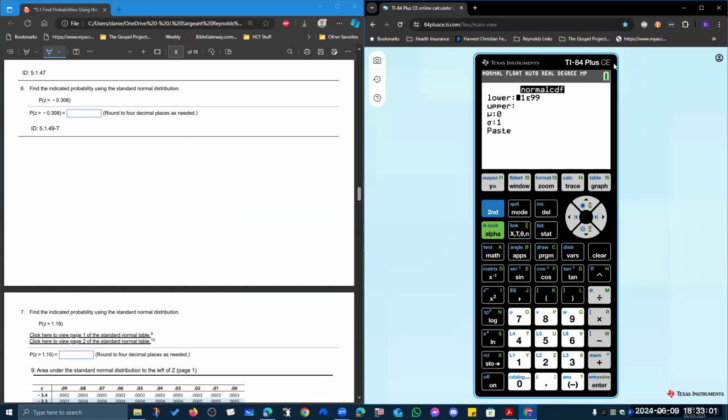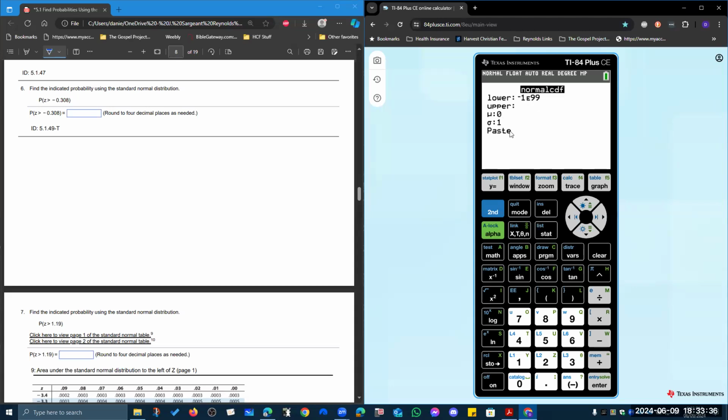If you have a TI-84 Plus that is second generation or more, you're going to get a menu that asks you to give the bounds, lower and upper, then the mean, then the standard deviation, and it's going to paste it for you. If you have an earlier calculator like a TI-83 or one of the first TI-84s, this is the order you're going to have to put the parameters into your normal CDF function, and you'll see what it looks like once I paste it.